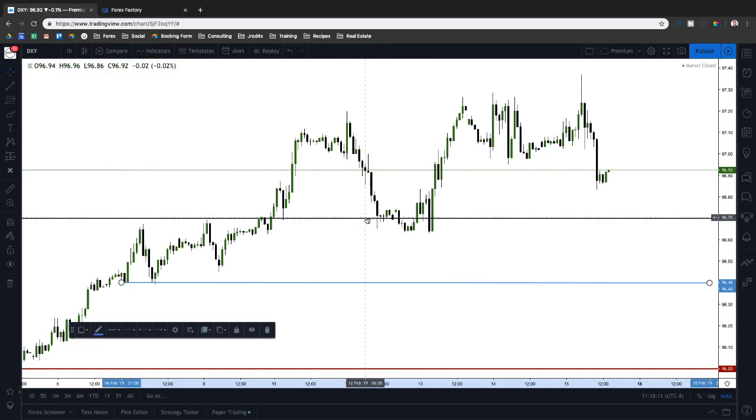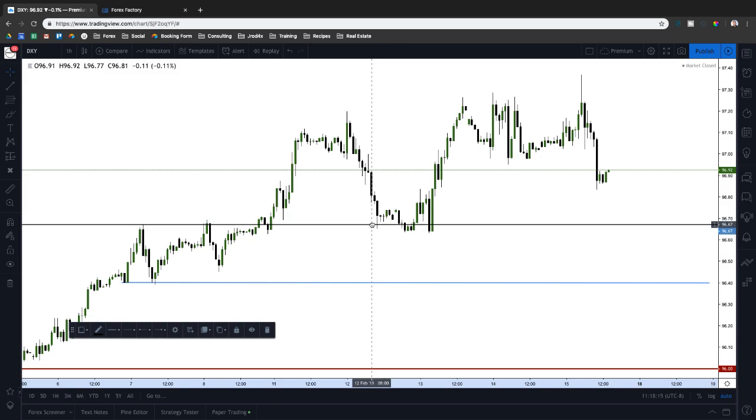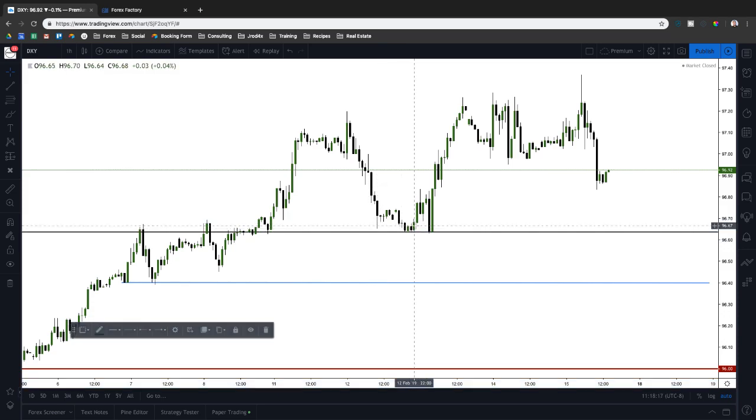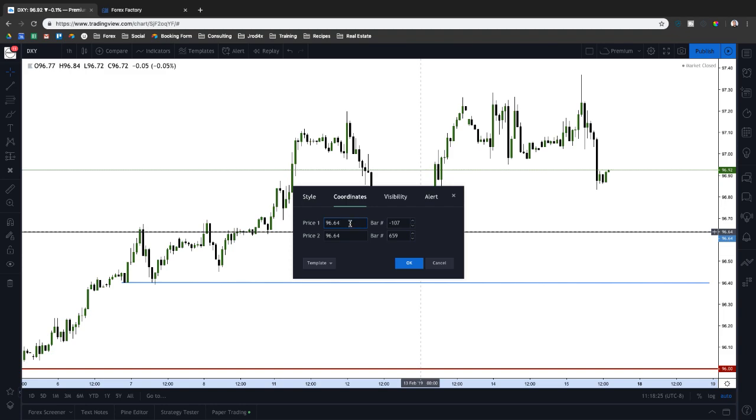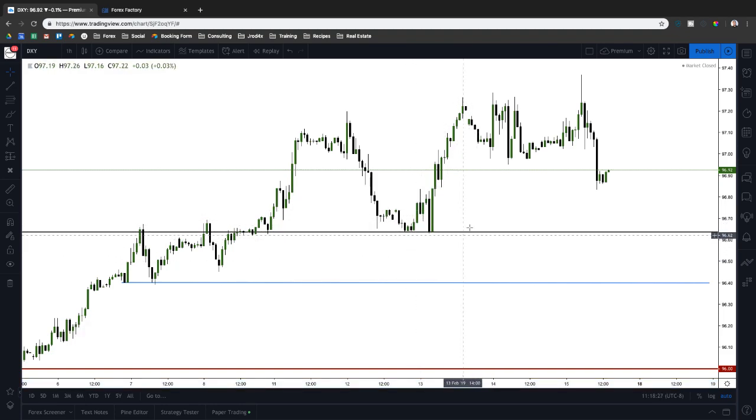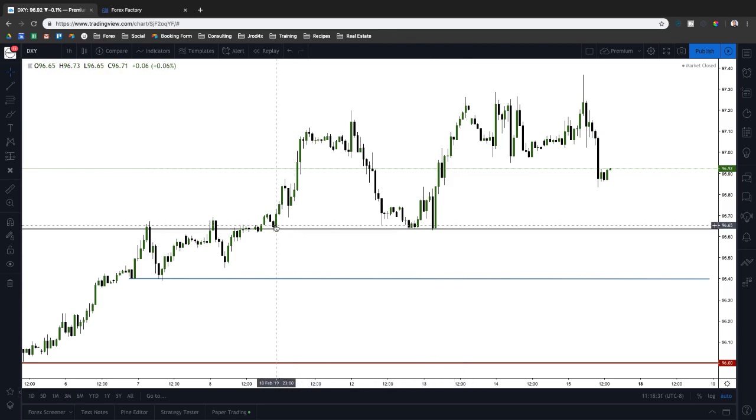So what I'll actually do, this is the black line that we had on the daily. I'm going to move it down and adjust it to the lows here. This low comes in at 96.64. This one comes in at 96.63. So 96.64, perfect. And you can really see that this one actually is more like a triple bottom.